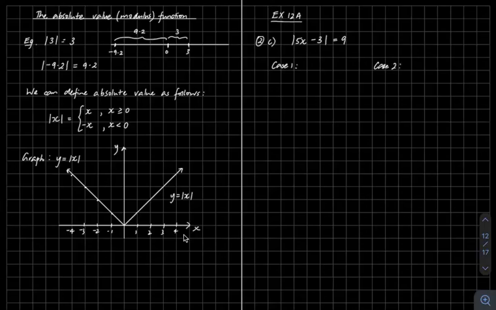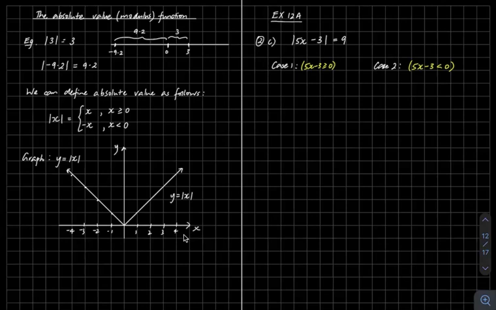Case 1 would be where the thing inside the absolute value is positive. So I'll write it down in this case. We don't really need to write this, but this would be where 5x minus 3 is greater than or equal to 0. And the second case would be where 5x minus 3 is a negative number, where it's less than 0.